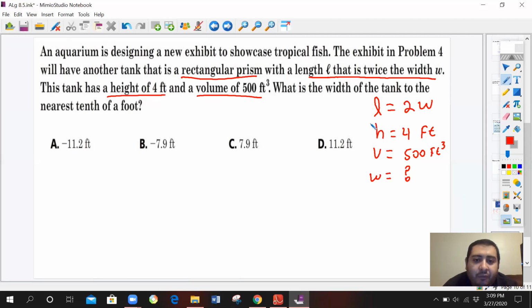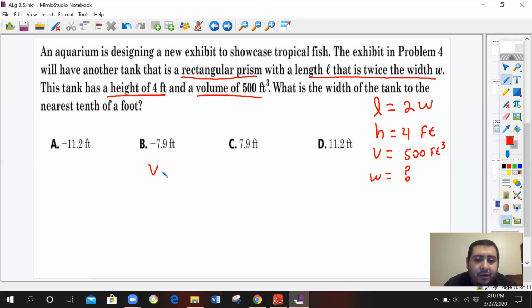So using the formula of the rectangular prism, we have area equals length times width times the height. Oh, sorry. Let me correct myself. We're looking at volume, okay?